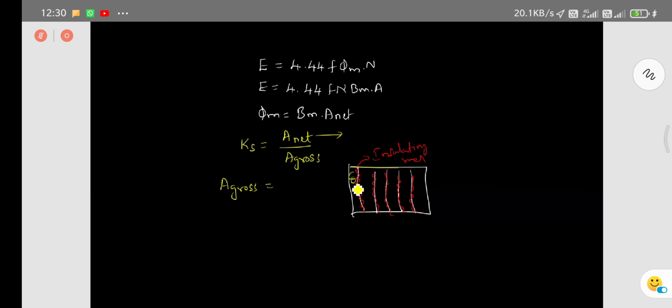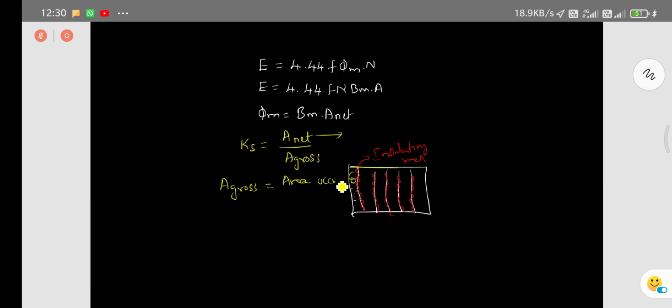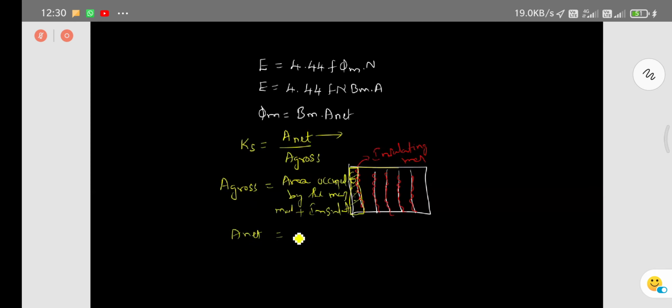This is the gross cross-sectional area. But coming to the net cross-sectional area, it is the area occupied by only the magnetic material, not the insulating material.